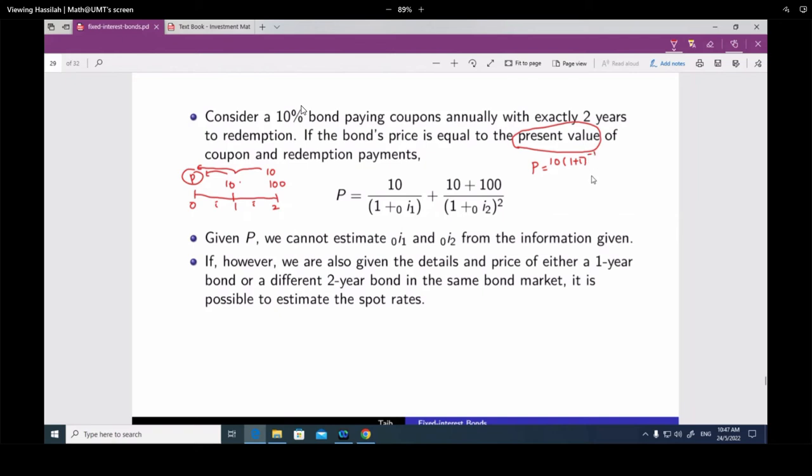Negative 1. Okay, and then that is for this one. Okay, how about the next 10? Negative 2. Okay, and finally you have the last cash flow. Plus 100. One plus I to the power of negative 2.